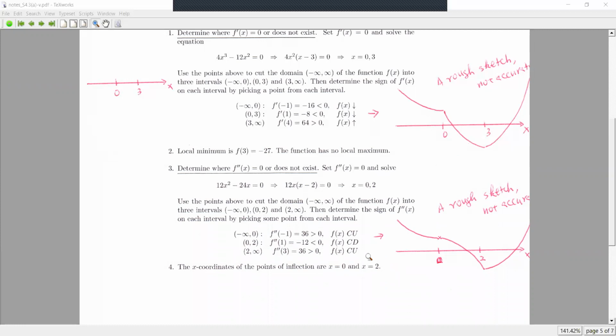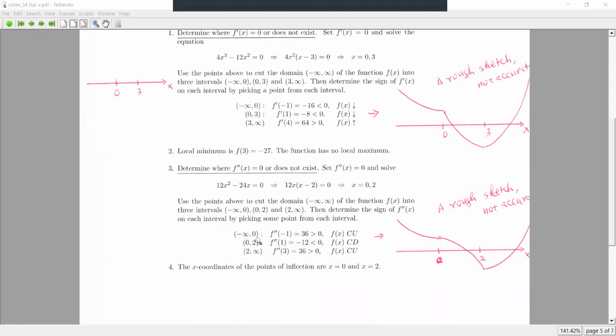That means the whole x-axis. Now 0 and 2 cut the x-axis into 3 subintervals. Now let me determine the sign of the second derivative on each of these 3 subintervals.